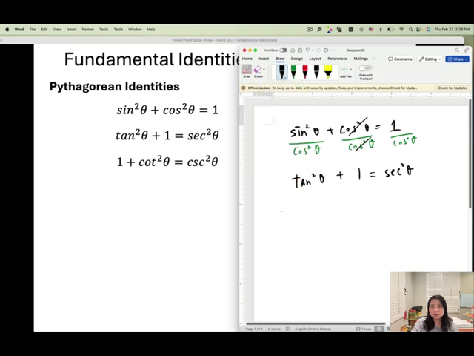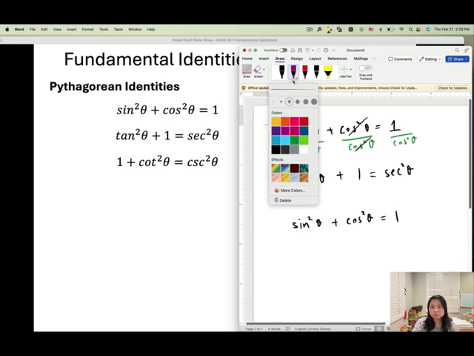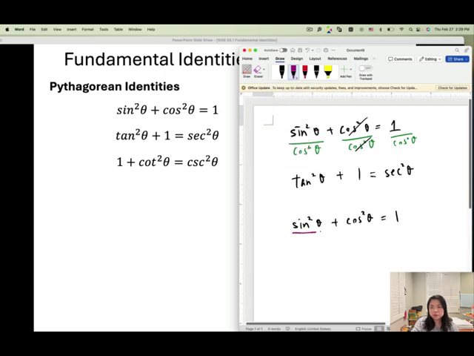How about the third equation? One more time, sine squared theta plus cosine squared theta equals 1. This time, we're going to divide each of the terms by sine squared theta.